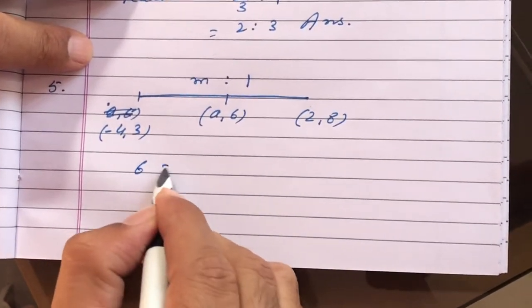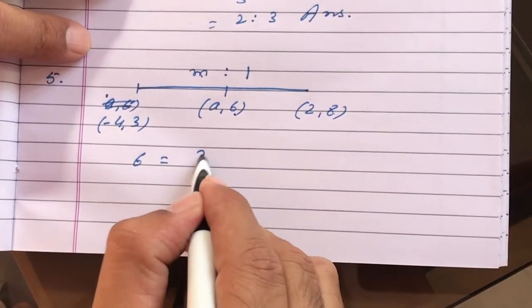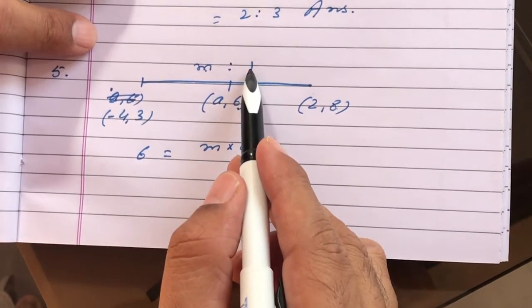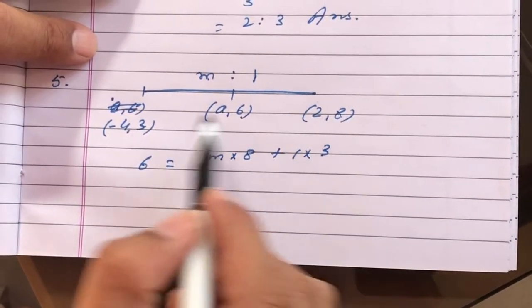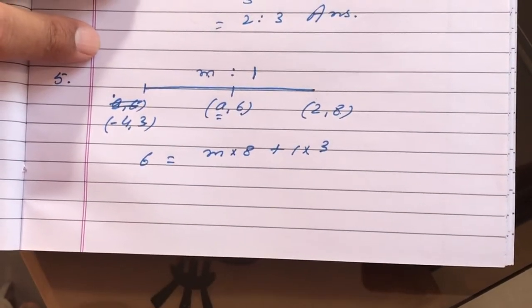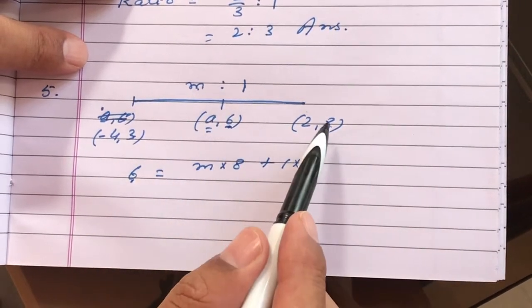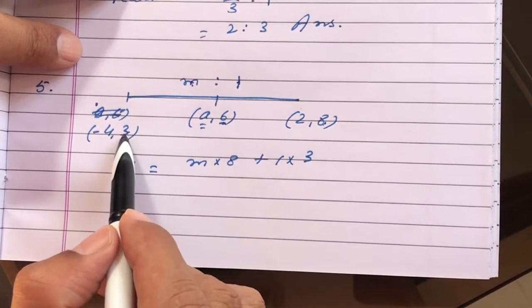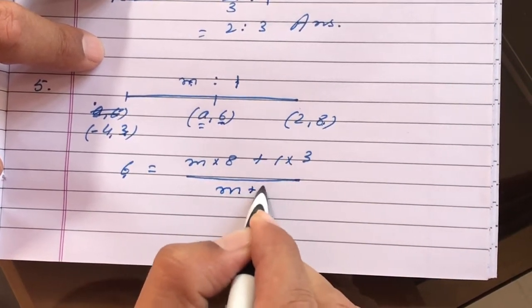So 6 is, now it is y is equal to m1 y2, m into 8, plus m2 y1, 1 into 3. Now I have not taken x because I don't know the value of A. I know the value of 6. So I have taken the y coordinates, m1 y2 plus m2 y1 upon m plus 1.